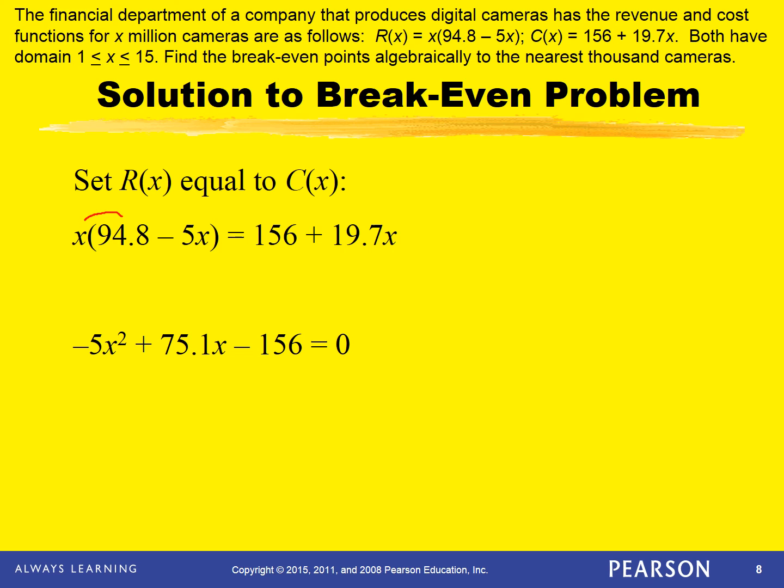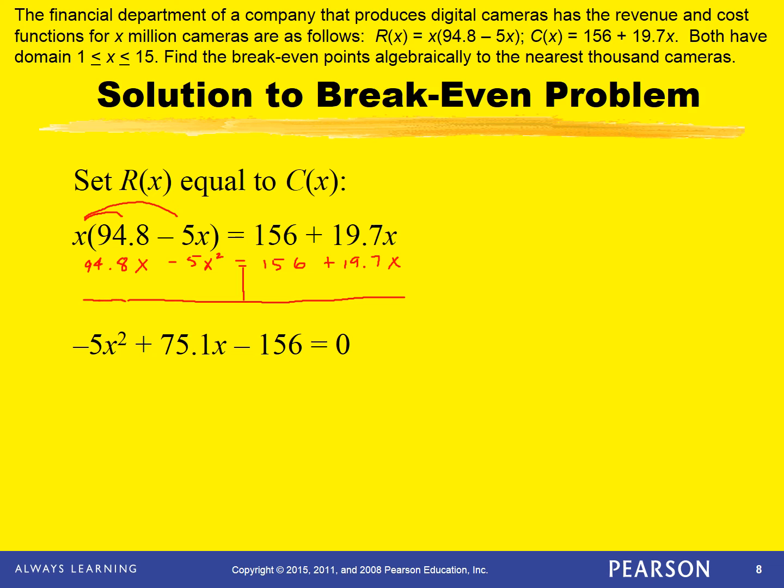So, 94.8x, we've got a negative 5x squared equal to 156 plus 19.7x, and we're going to move some stuff.